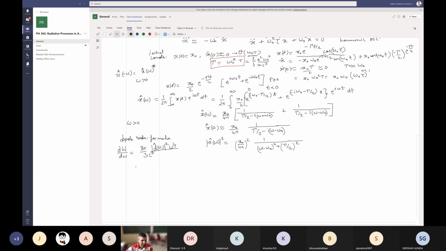So basically, for the particular case this will be given by 8 pi by 3 c cube, e squared x naught squared by 4 pi squared, times 1 by omega minus omega naught squared plus gamma by 2 the whole squared.